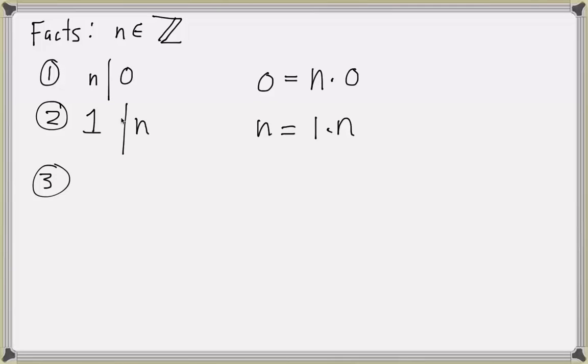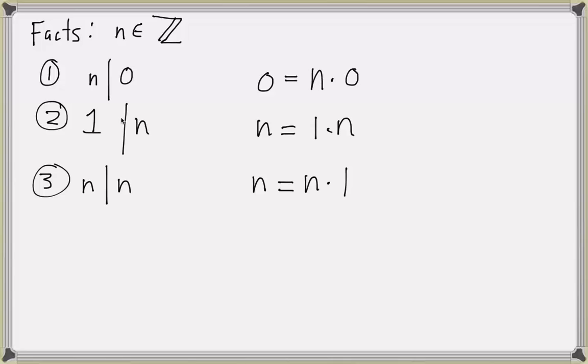Third fact, every integer divides itself. So n divides n. Well, can I write n as an integer multiple of n? Yes, n is n times 1. These facts are pretty obvious, but we can use them in the future.